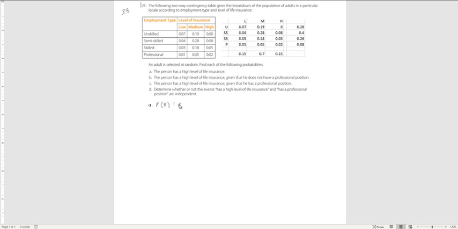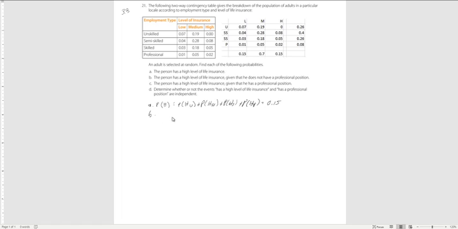That would be the probability of high given unskilled, plus high given semi-skilled, plus high given skilled, plus high given professional. That sums up to 0.15, as I did there in Excel.